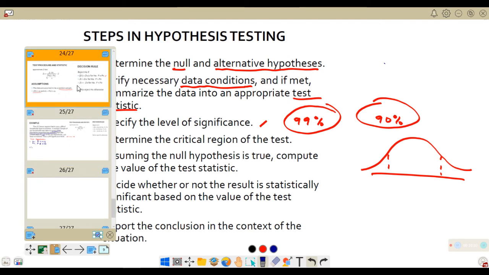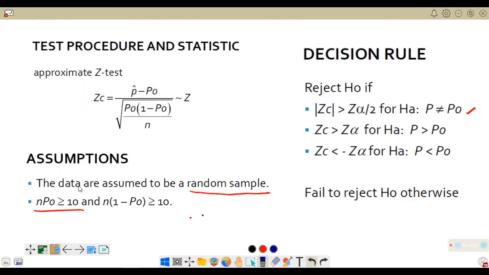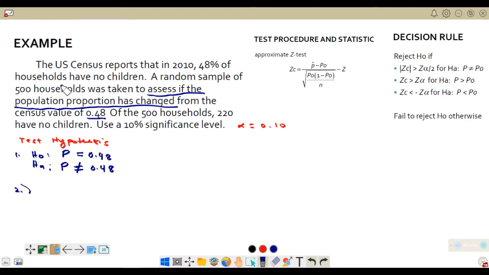So, sabi sa assumption natin kanina, the data are assumed to be a random sample. And then, n times the assumed proportion should be greater than or equal to 10. And n times 1 minus p sub 0, or assumed proportion, must be greater than or equal to 10 as well. Sabi dito, random sample siya.